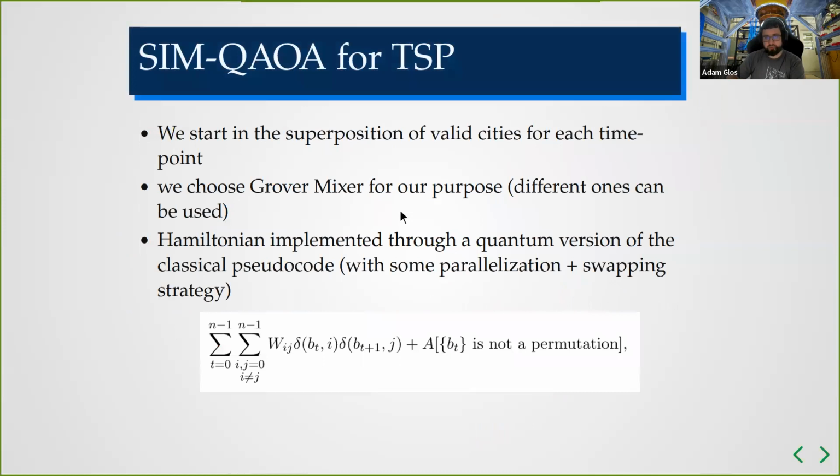We also choose the Grover mixer. It is particularly convenient for us because it guarantees that the amplitude moves only between feasible states, feasible solutions to us.